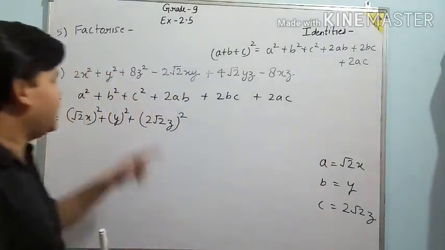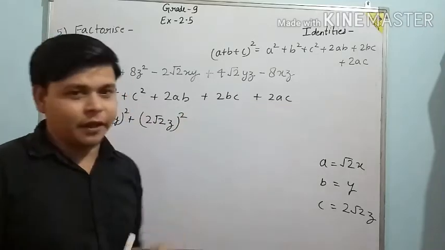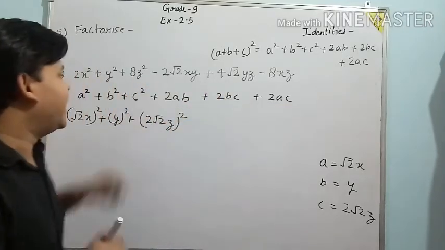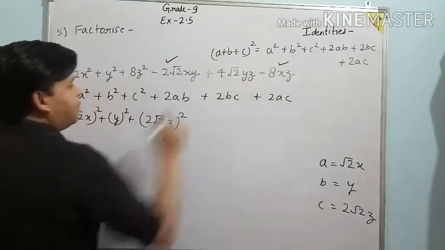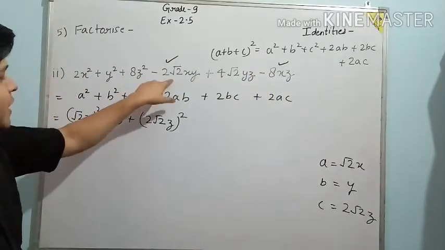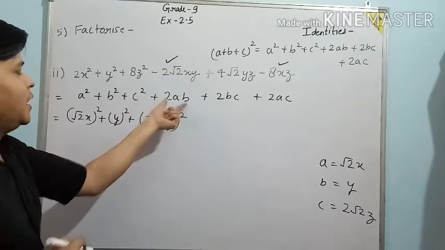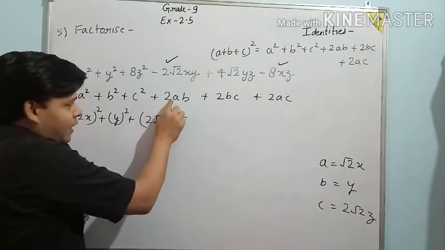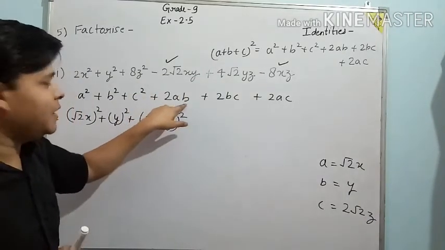As you can see, according to the formula we have plus 2ab, plus 2bc and plus 2ac, but here in the question we have negative signs, here and here. So just check, here we are writing the product of a and b, 2ab. If the product 2ab is negative, that means any one of a and b is negative.